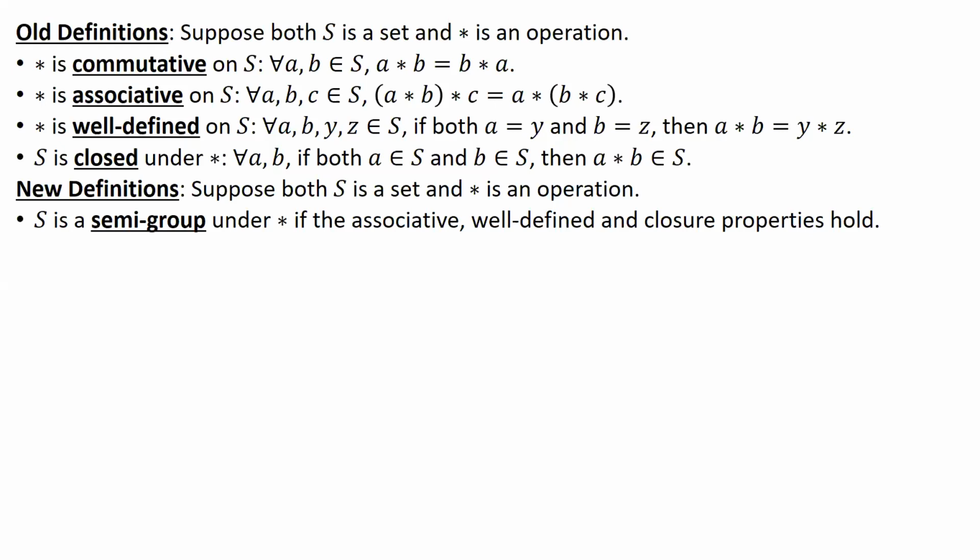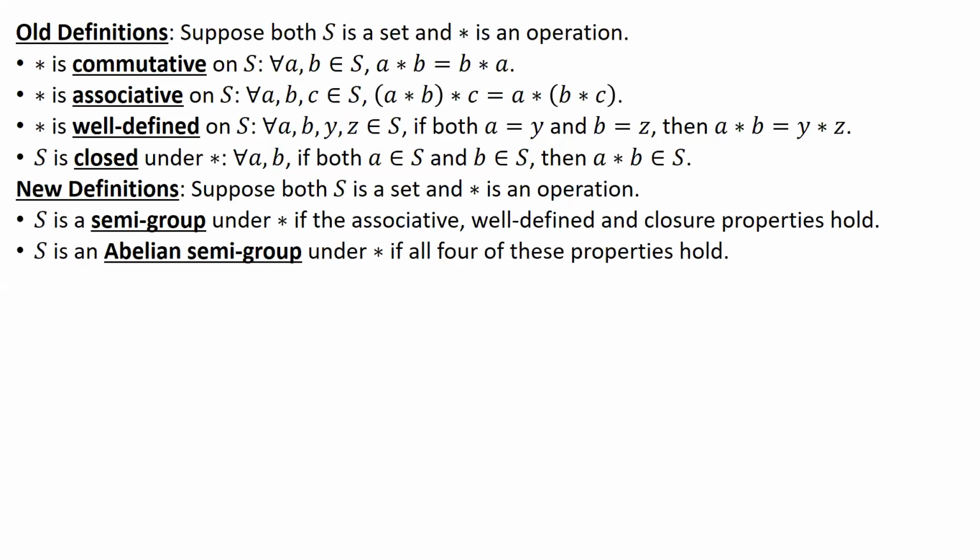If in addition to associative, well-defined, and closure, you also have the commutative property, then you say S is an abelian semigroup under star when all four of these properties hold. Now, a semigroup is sort of the minimal amount of properties that we need, associative, well-defined, and closure, in order to analyze an operation.